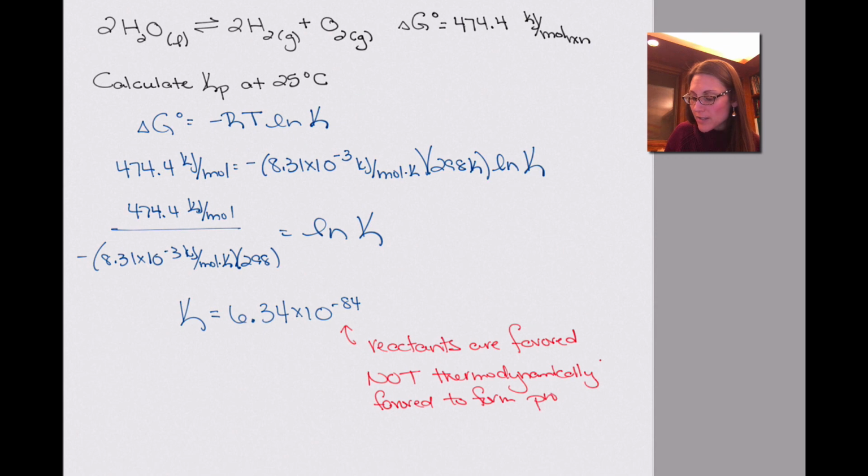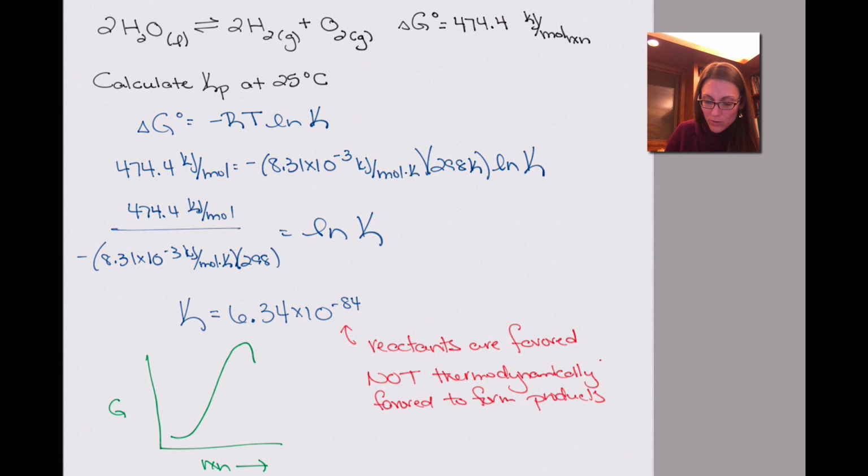And if you were to look at this in graph form, if I were to look at a reaction coordinate diagram where I've got my Gibbs energy on the y-axis, this is a huge change in energy from my reactants to my products. And so you see all of those pieces coming together with that relationship between delta G and the equilibrium constant. That is so incredibly useful for us. And it's very helpful.